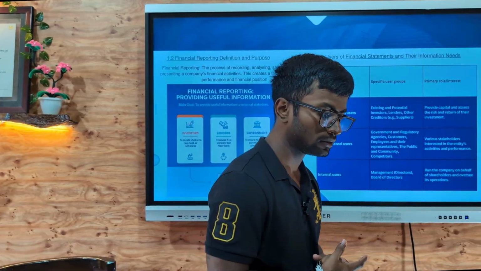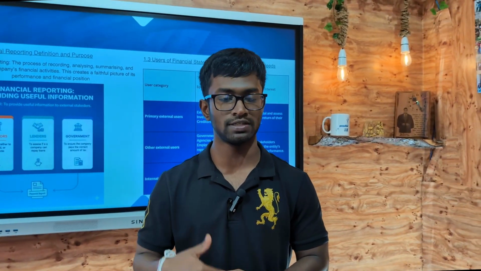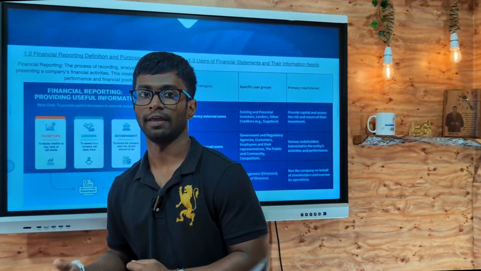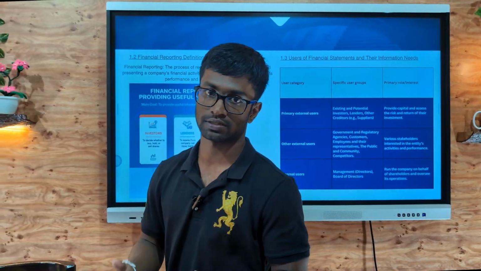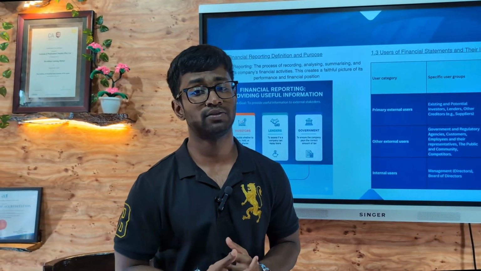Now, for example, the person who starts the business, the owner, is interested in making profits. Then you have managers, employees, investors, government, lenders. A lot of people are interested.